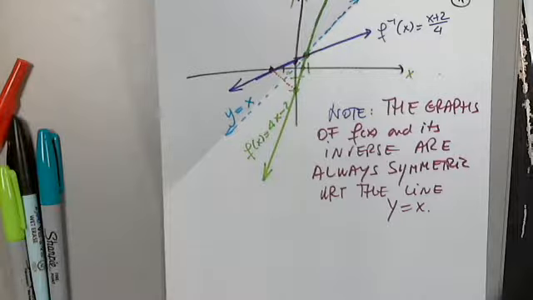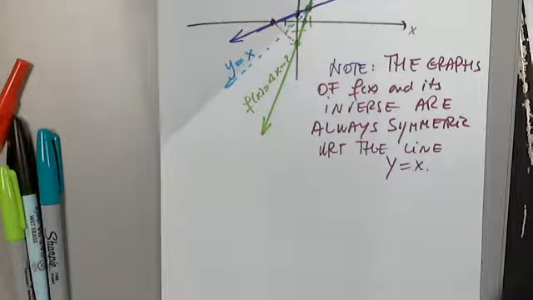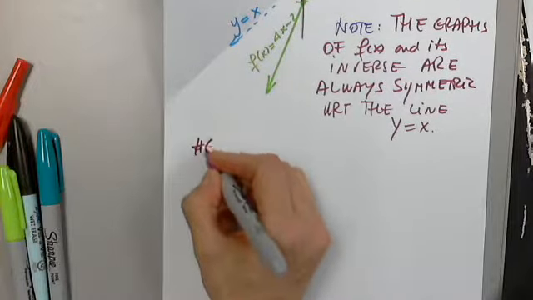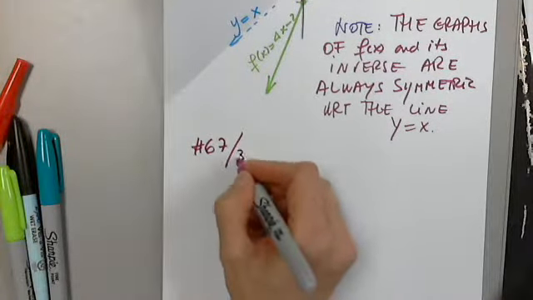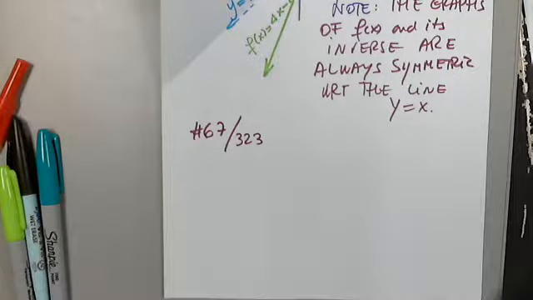I would like to look at a word problem to see what we really do with the inverse function. So let's look at 67 on page 323. Ready? They're showing us a graph.